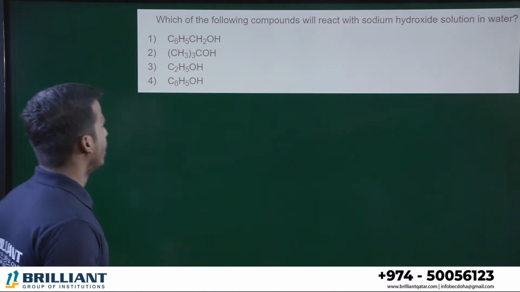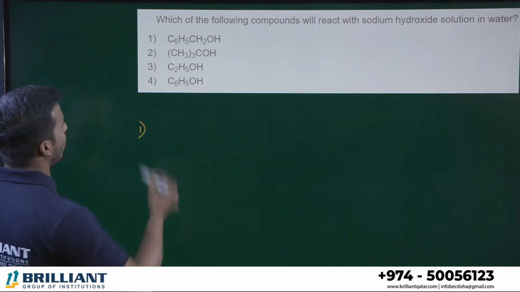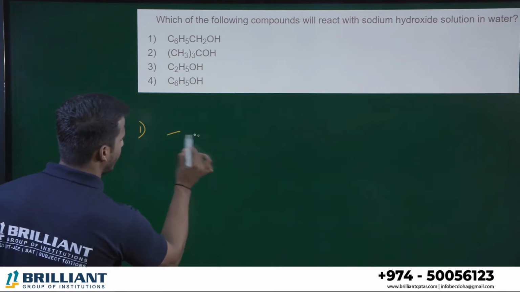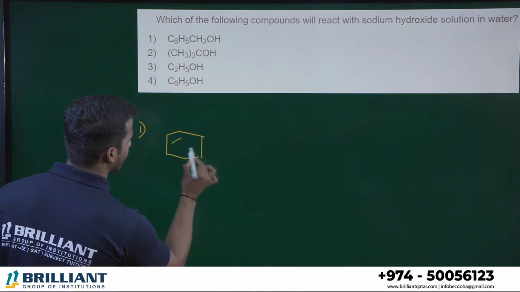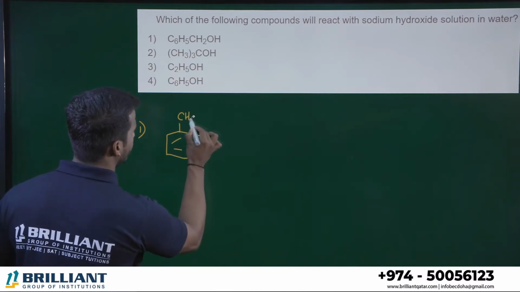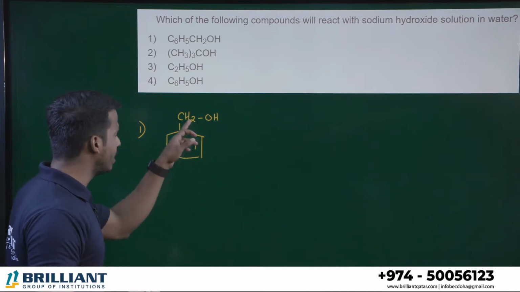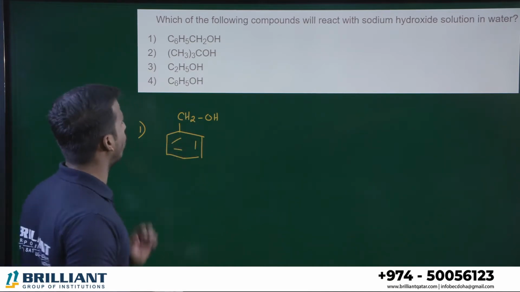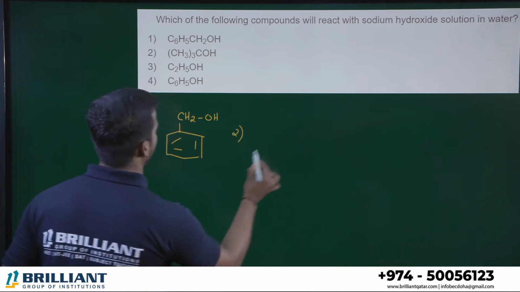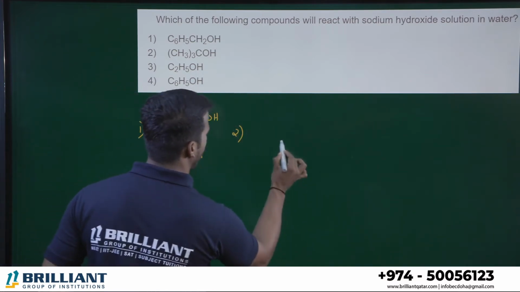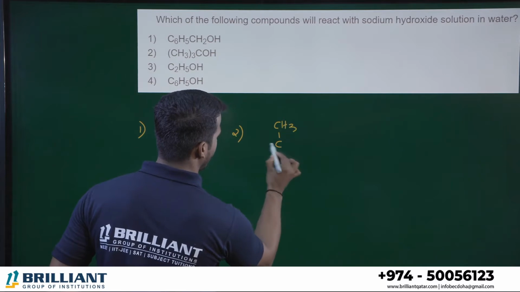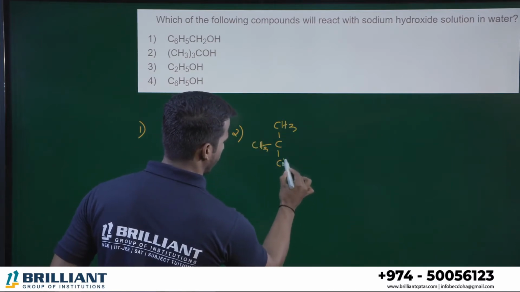That's the meaning. So option number 1: C6H5CH2OH. What is this compound? Benzene with the CH2OH is called benzyl alcohol. Compound number 2 is (CH3)3COH, that is nothing but tert-butyl alcohol.